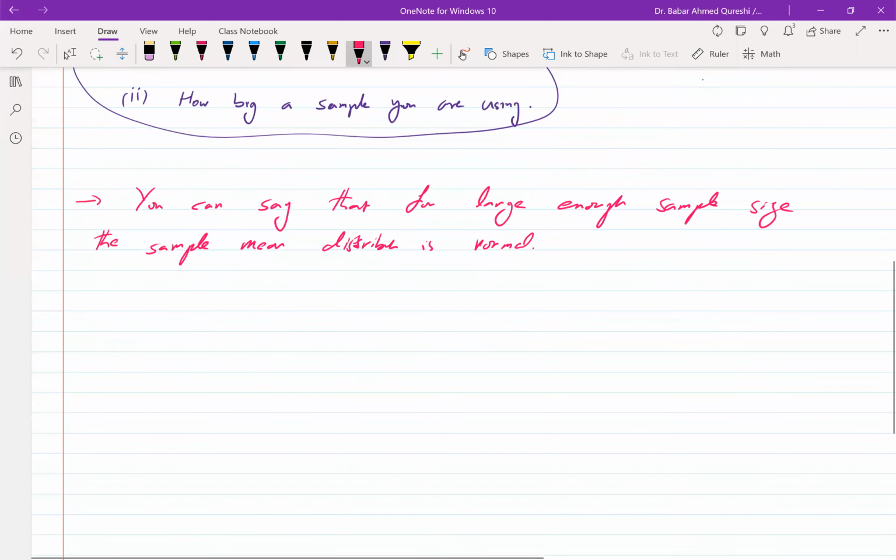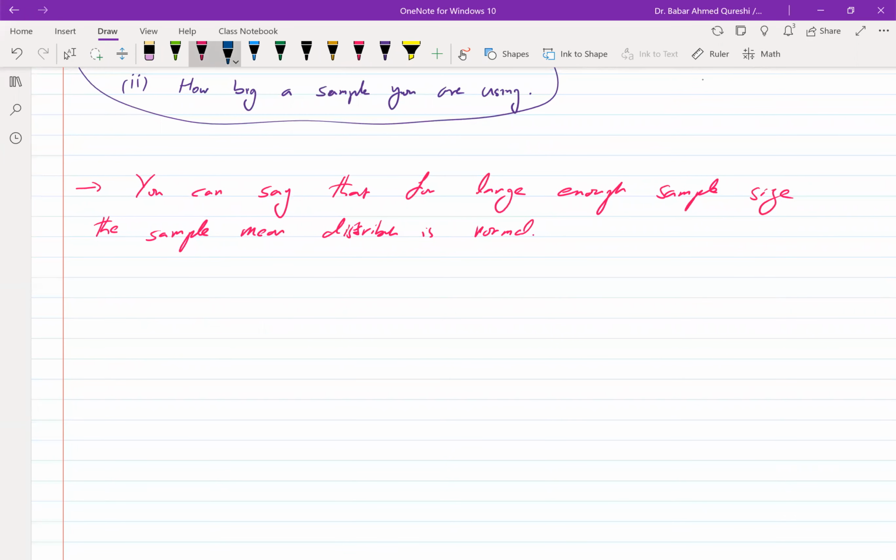By normal, we mean that it's a bell-shaped curve. It's normal, and we know that its center would be the same as the center of the population.